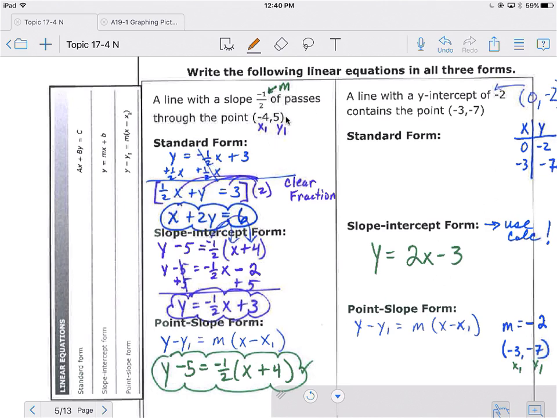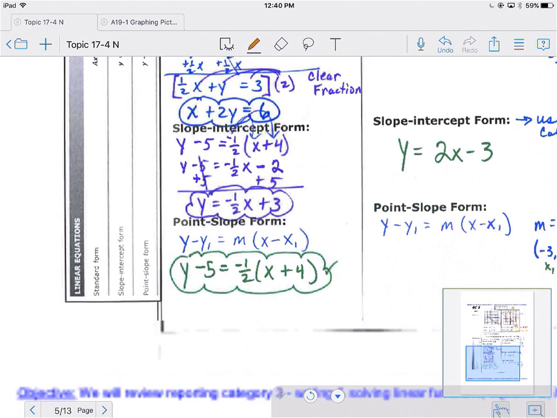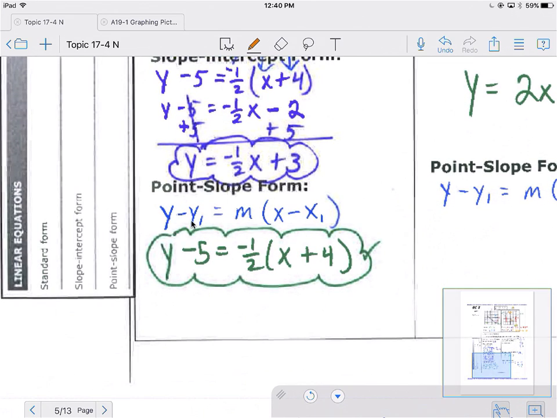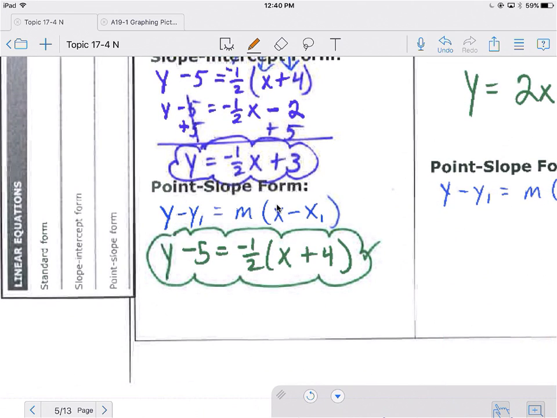So because I am given a point and a slope, I would start this in point-slope form. So point-slope form is y minus y1 equals m times x minus x1. They plug in their m value, their y, and their x. And remember that your points change signs.